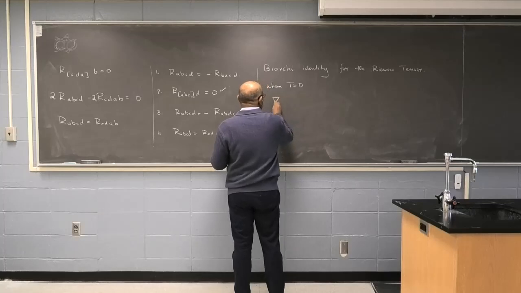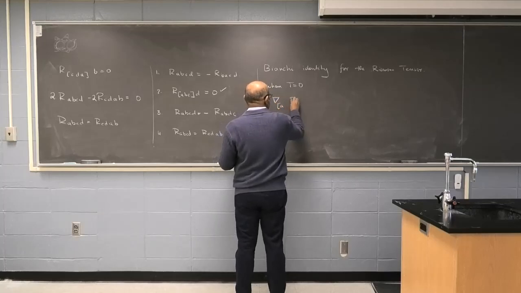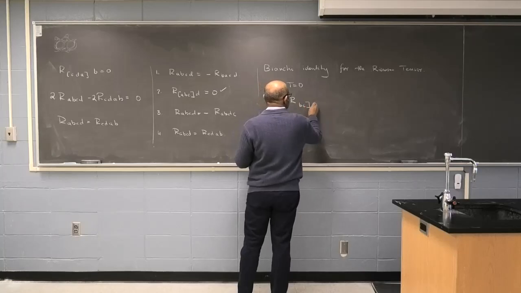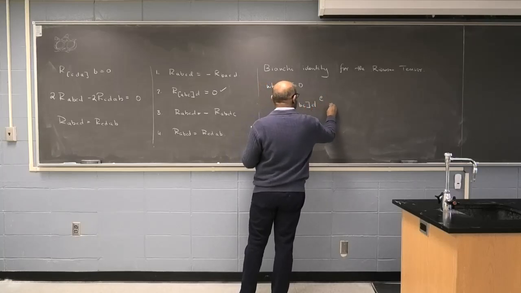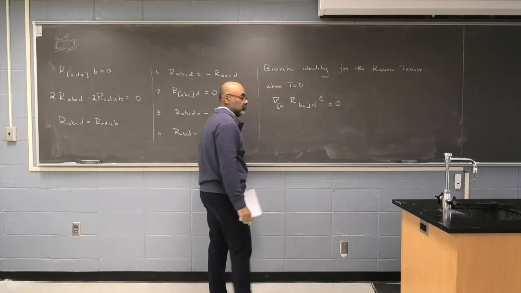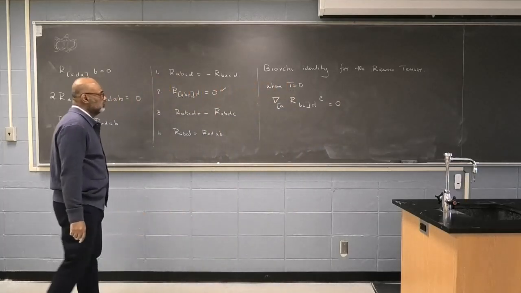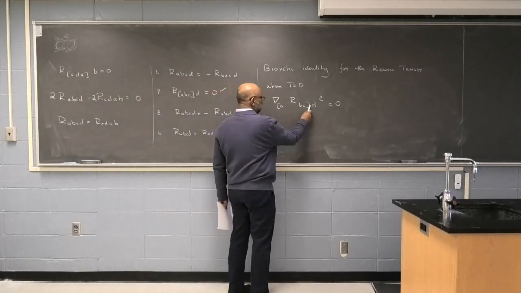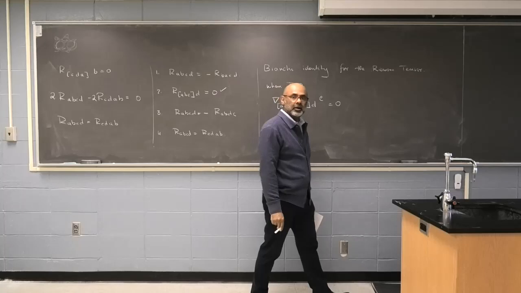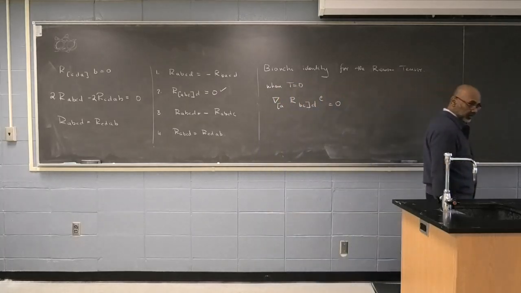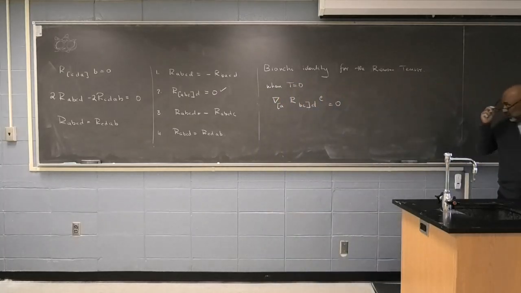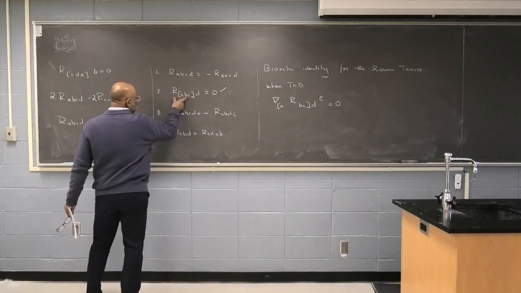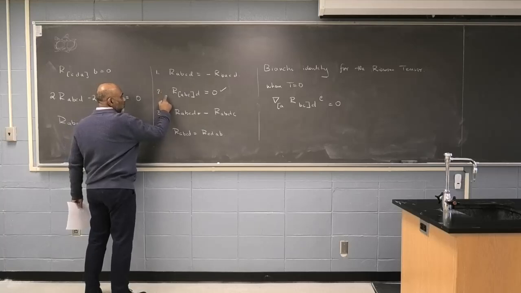I have, check this out, R, B, C, D, E equal to 0. What does this symbol mean? These three indices are anti-symmetrized. It's almost like this, but we're shifting and just taking the first two, and then putting a covariant derivative.